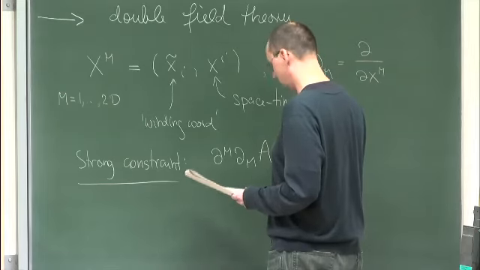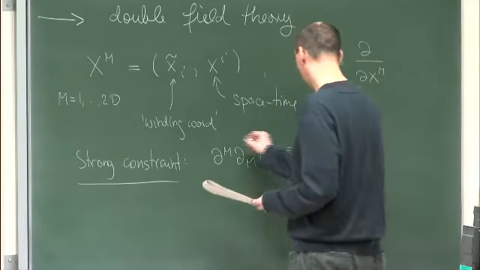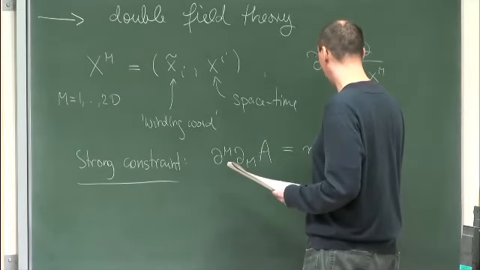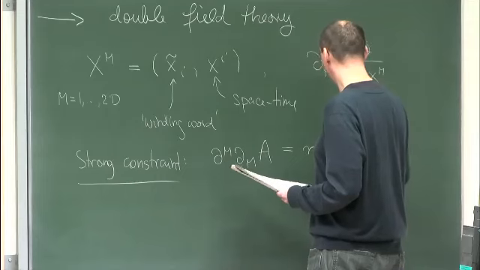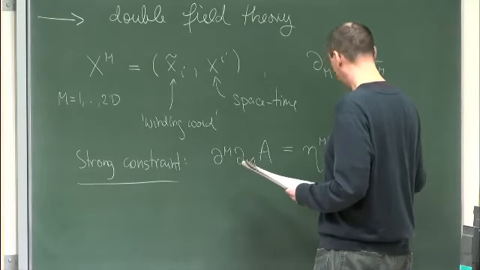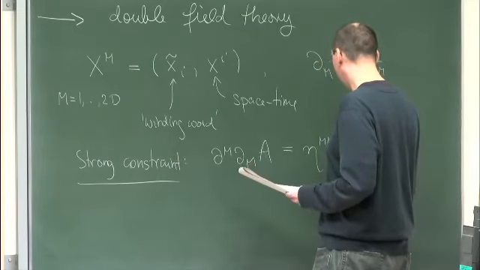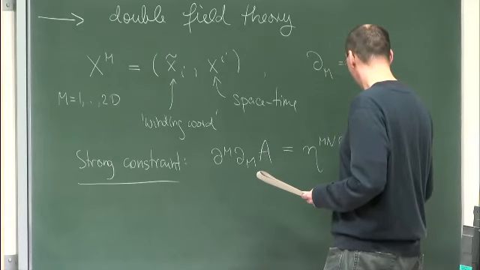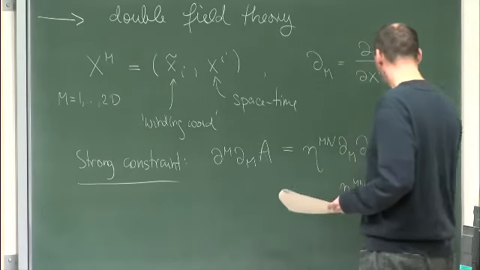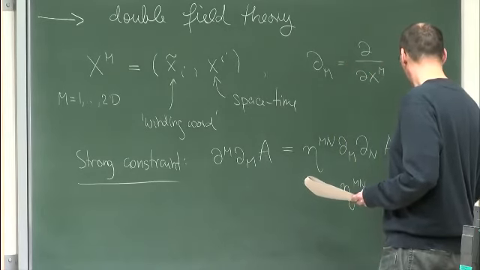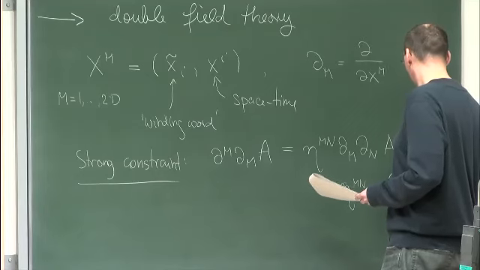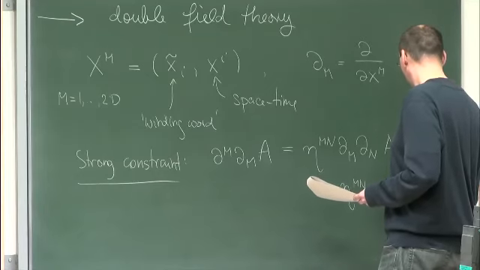So for any field or parameter A, ∂_M ∂^M A = 0, where the index is raised with the O(D,D) invariant metric, and we get 0. And here η^MN is the O(D,D) invariant metric, which in the basis usually used takes this off-diagonal form.